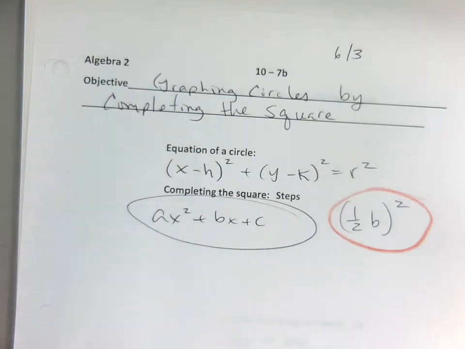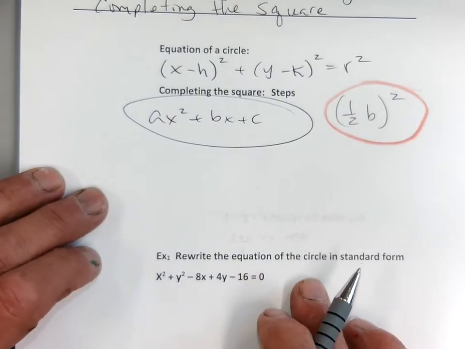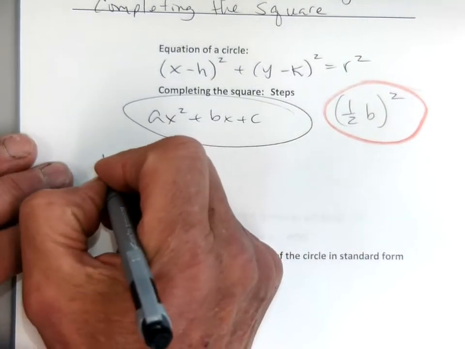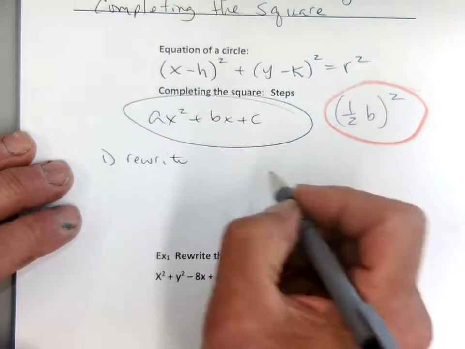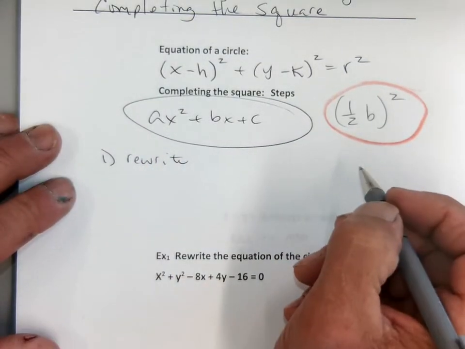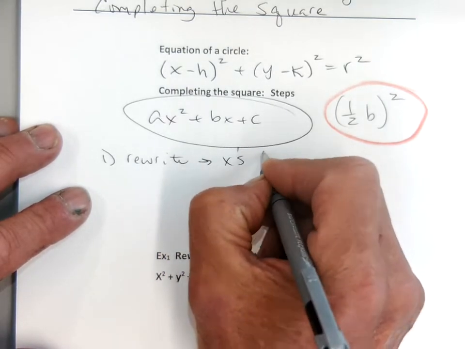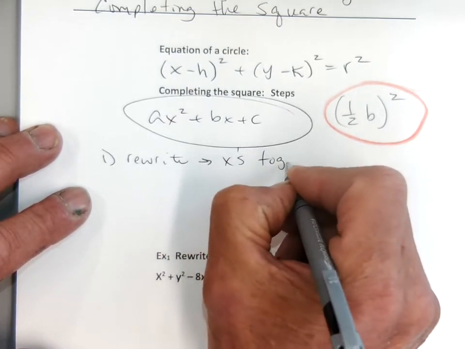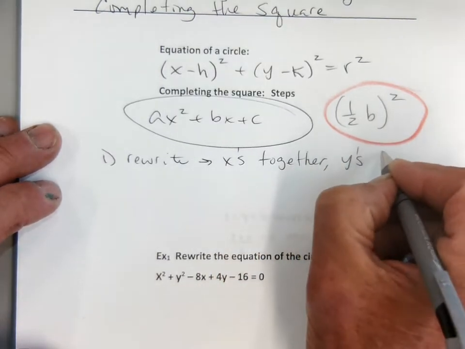So the steps we want to do before we do anything else is let's rewrite it. So the first thing I want to do is let's rewrite. And we'll put x's with x's, y's with y's, and the numbers on the other side. So we're going to rewrite x's together. We'll put y's together.